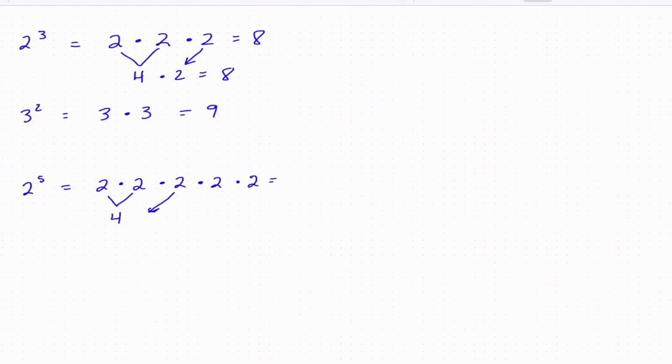Times 2 again is going to be 8. Times 2 again, it's going to be 16. Times 2 again is going to be 32. So basically 2 to the 5th power is going to be 32.